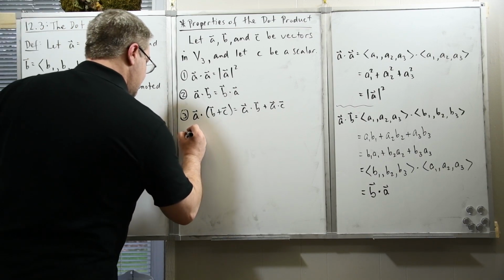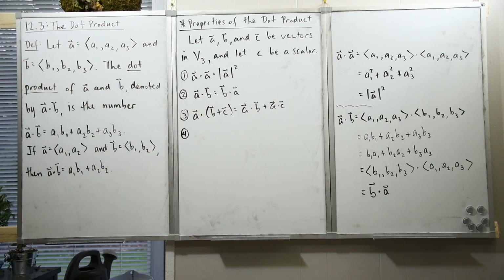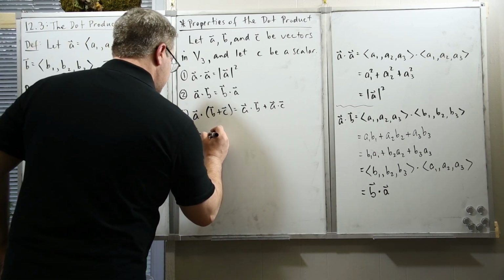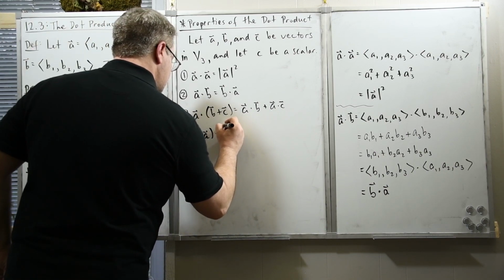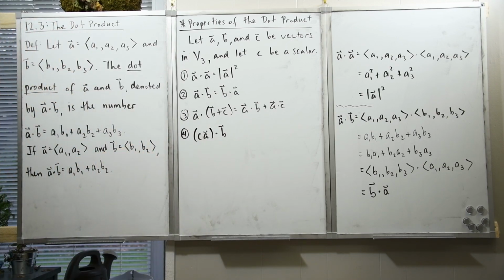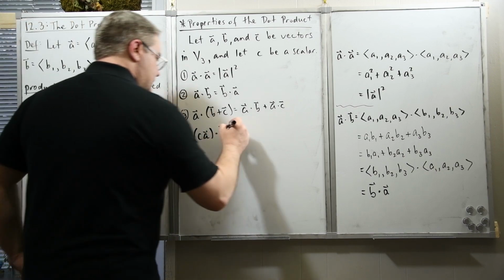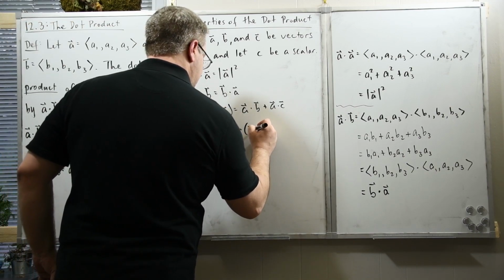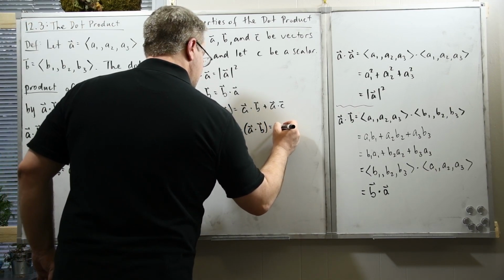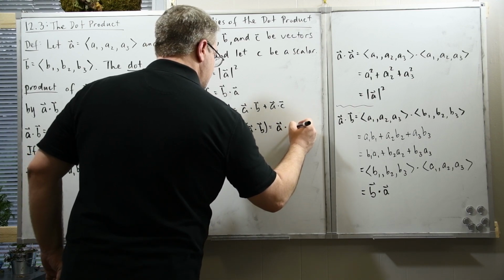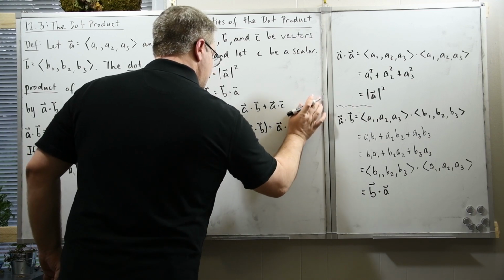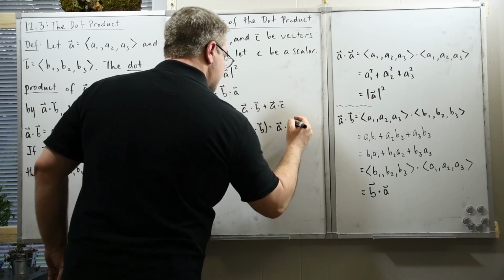Fourth property that we have is cA, and this is the scalar c now. cA dotted with B is equal to scalar c times A dot B, which is equal to A dotted with cB.